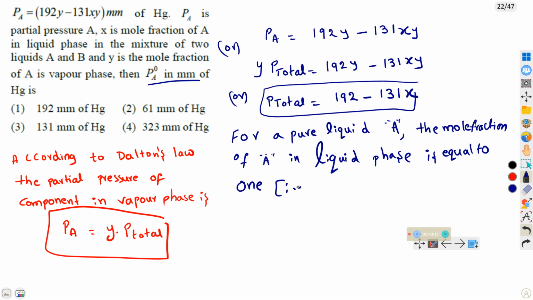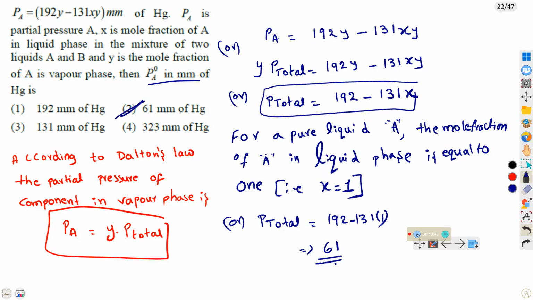That is, x value is equal to 1. Substitute in the above equation. P total is equal to 192 minus 131 into 1. 192 minus 131, then you will get 61. Second option.